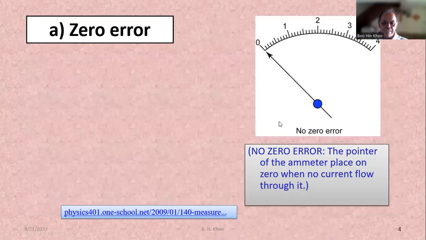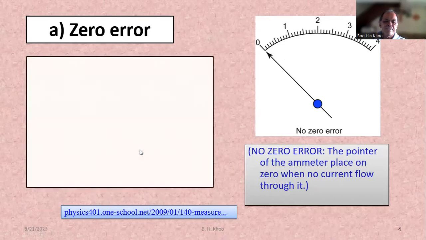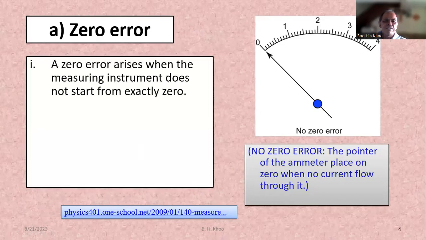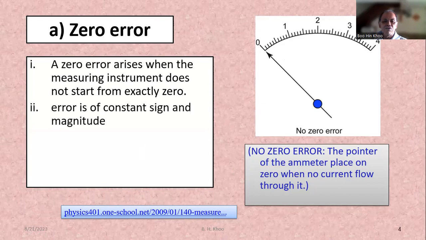For example, this one has no zero error. It's exactly at zero. The pointer of the ammeter is placed on zero where no current flows through it. Zero error arises when the measuring instrument does not start from exactly zero. The error is of constant sign and magnitude.